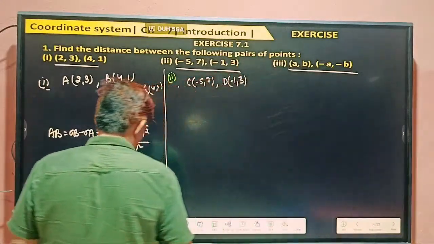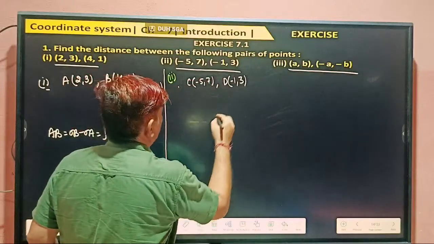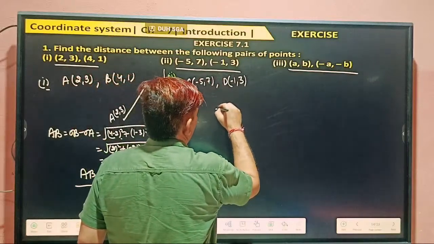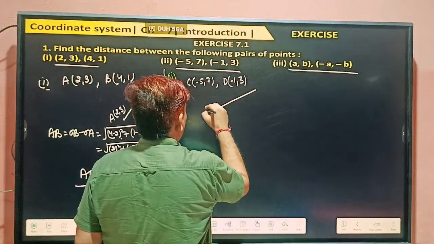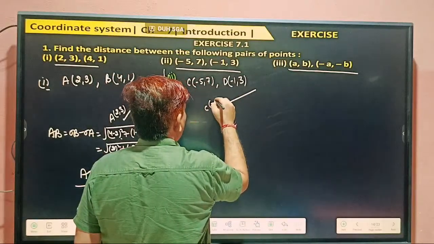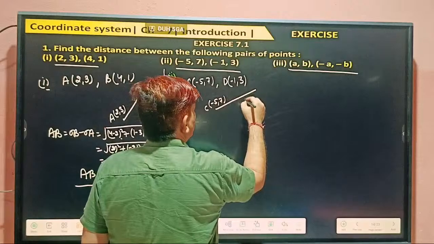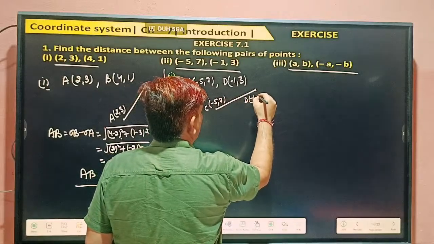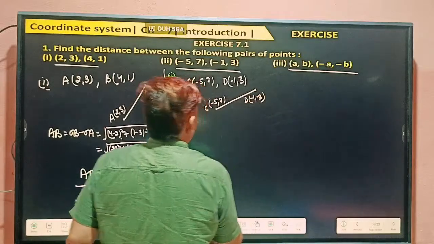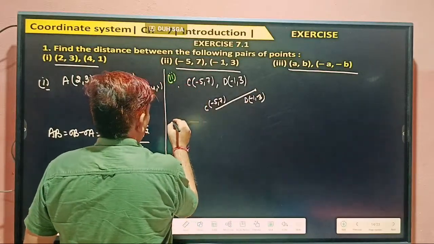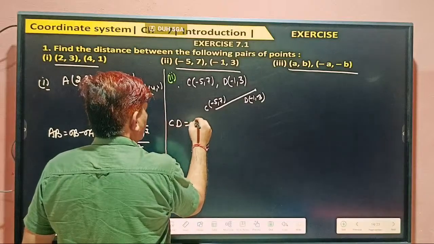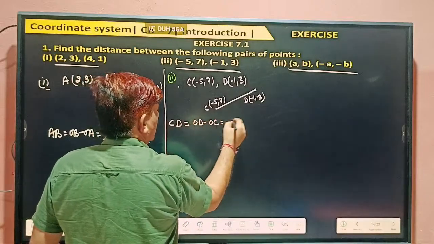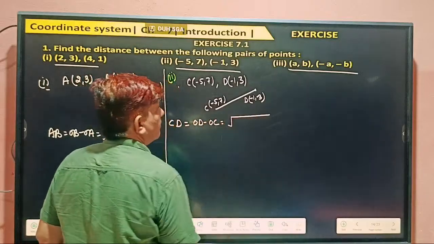So we are taking it like this. This is point C, whose coordinates are minus 5 and 7. D is a point whose coordinates are minus 1 and 3. So we have to find out CD. CD equal to OD minus OC, and this is like this.